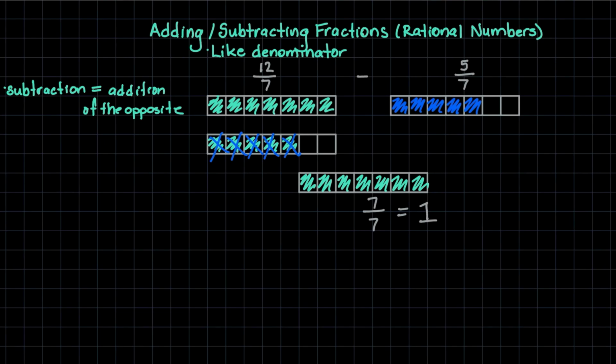We're left with 1 whole after we take away the 5 sevenths.